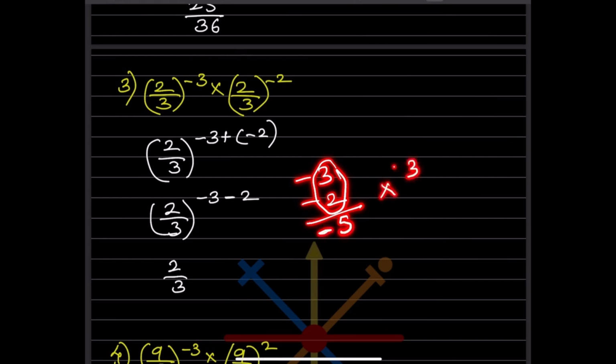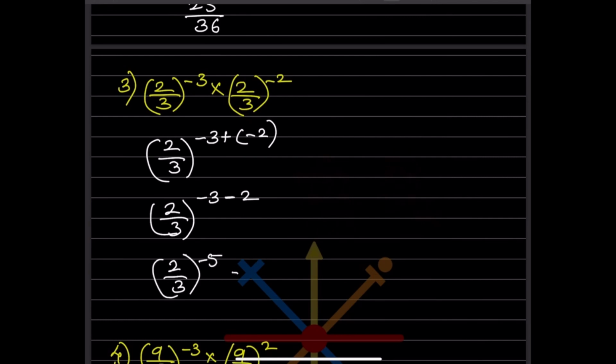But when it is multiplication, this becomes positive, so that is going to be 6. So here this is going to be minus 5. So now, because this is negative 5, you are going to make the exponent positive, so you are going to flip over. So this you are going to multiply 5 times.